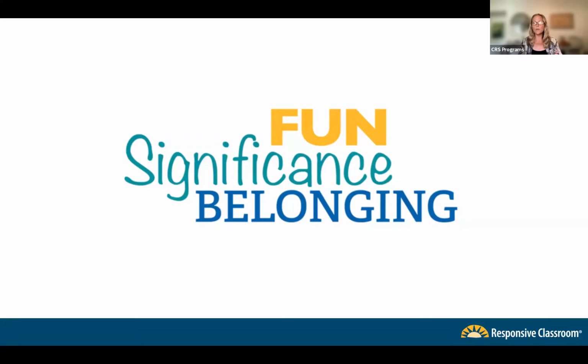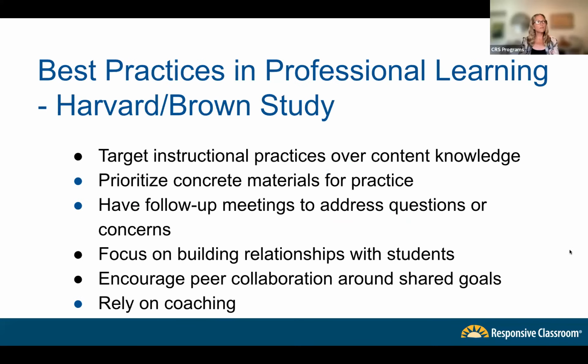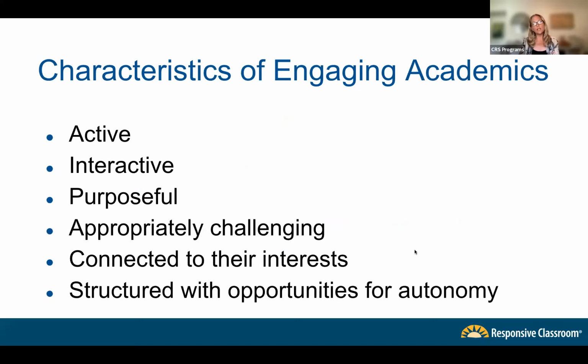So we'll be talking about that a little bit right now. So the characteristics of engaging academics per responsive classroom are key in professional development. And just as these same elements allow learners of any age to do their best learning, they support engaging professional development. So learning should be active.